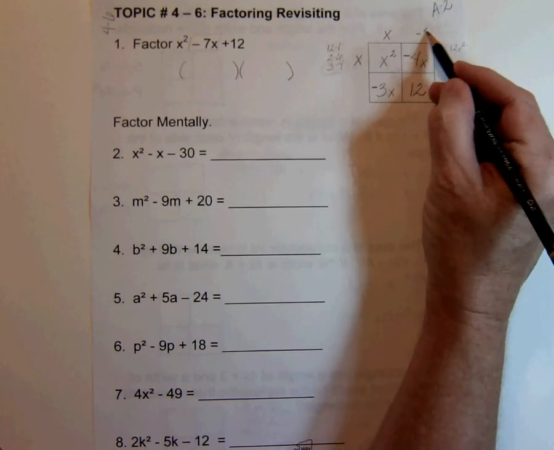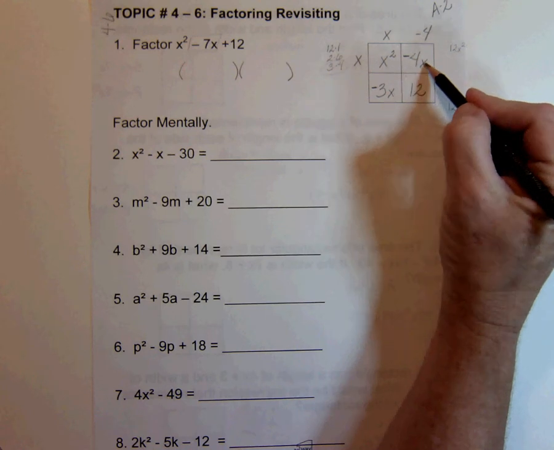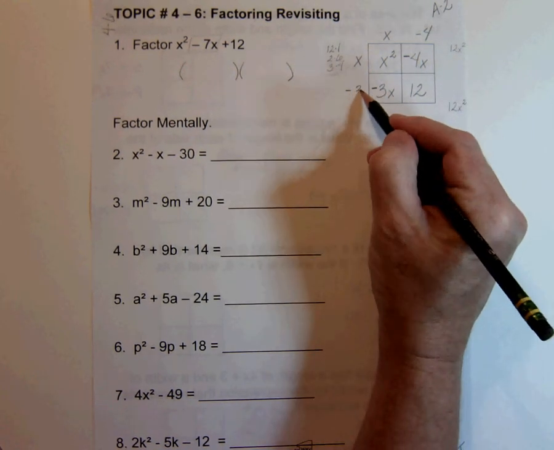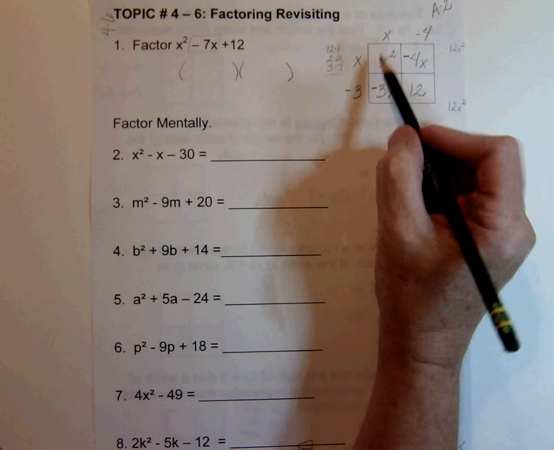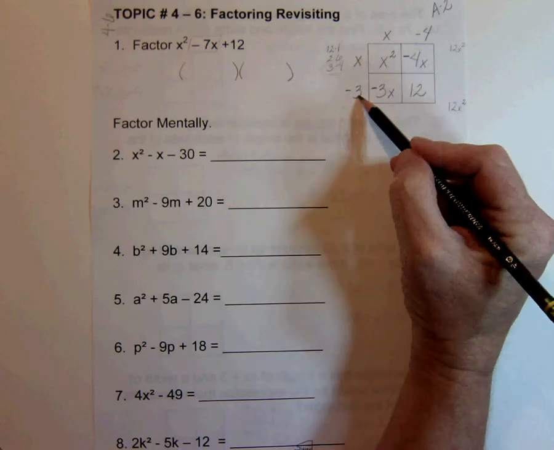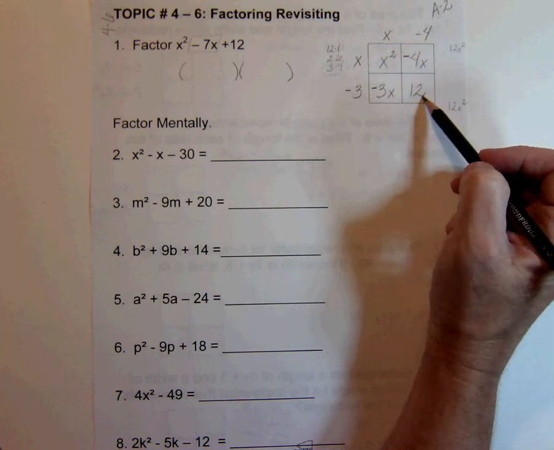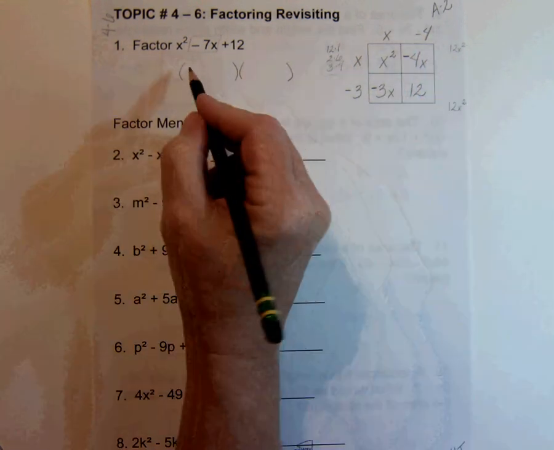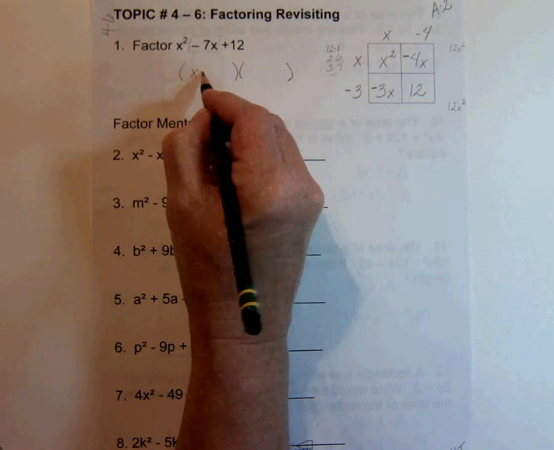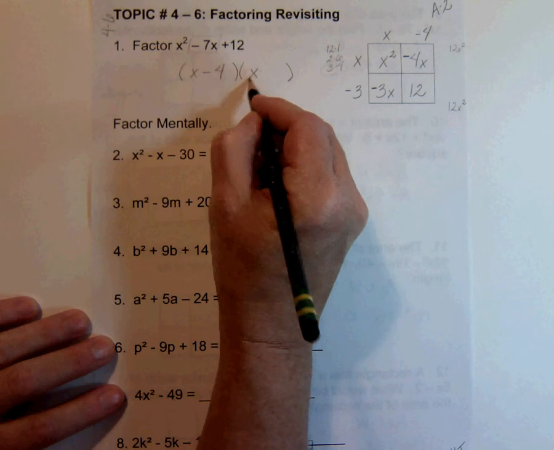This -4 times this x gets me -4x. -3 times x gives you -3x. And then -3 times -4 is +12. So we've created our two binomials, x minus 4 and x minus 3.